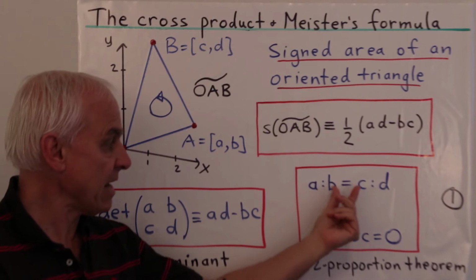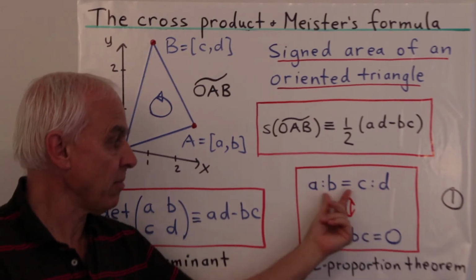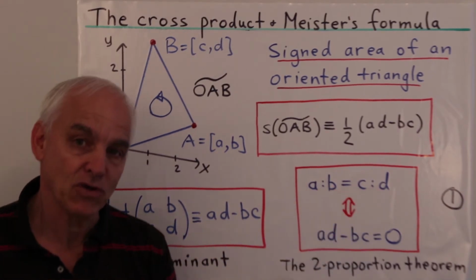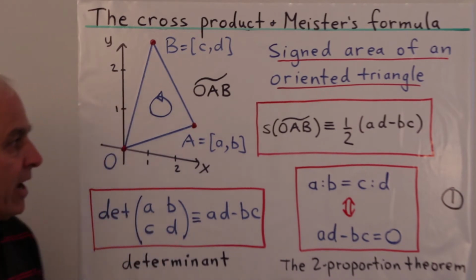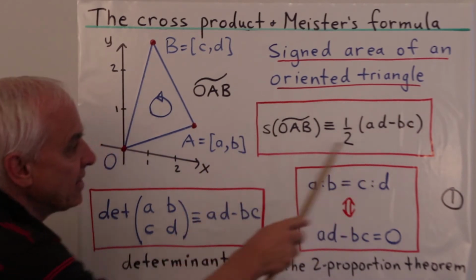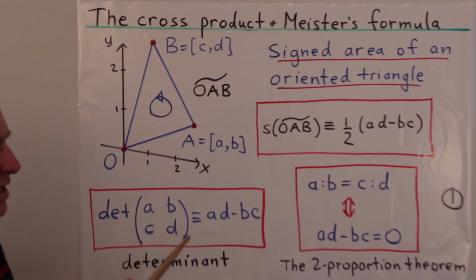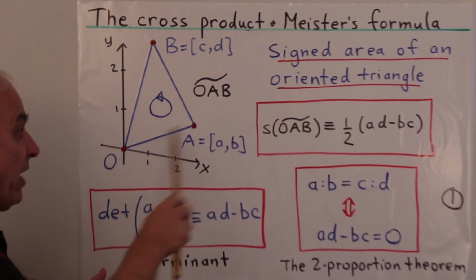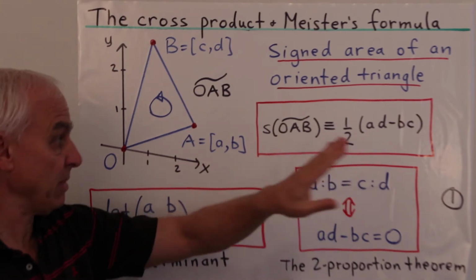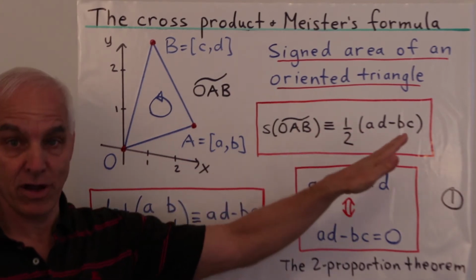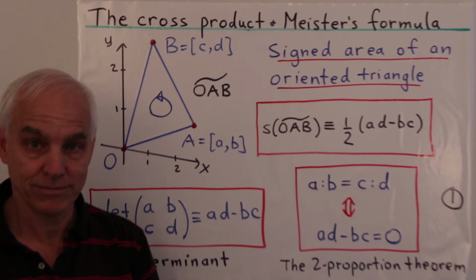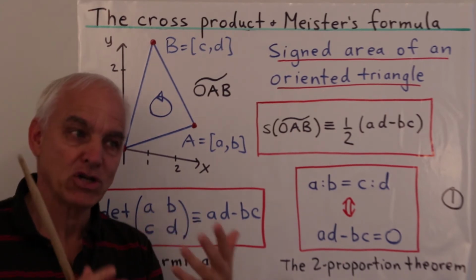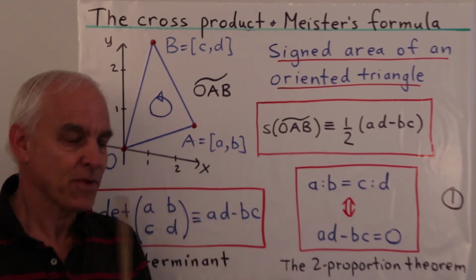And that's exactly the same kind of relation as the one here, giving equality of two proportions. And so this signed area is capturing, in some sense, the non-parallelism of these two vectors. If the vectors are parallel, then AD minus BC is going to be 0, and that signed area is going to be 0. So that's another connection with linear algebra.